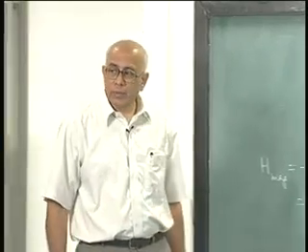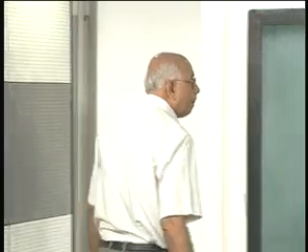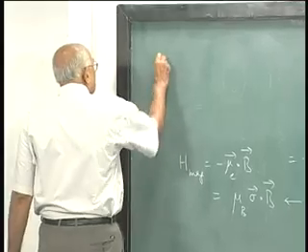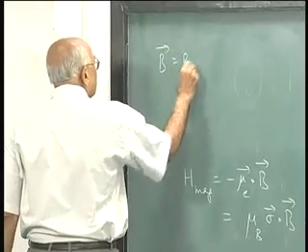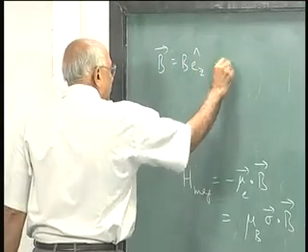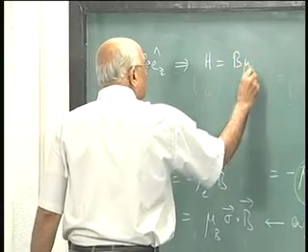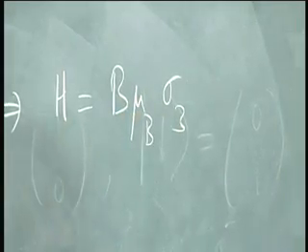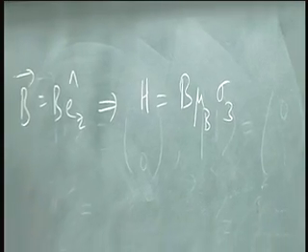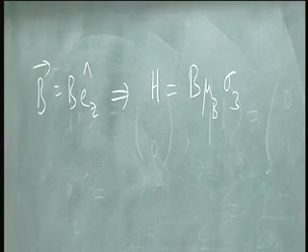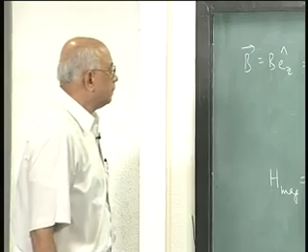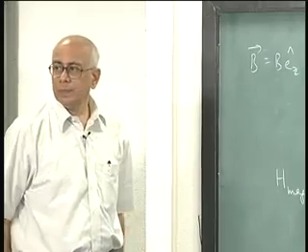Let us say I start with that, that is my 0 state, I start with that at t equal to 0, what would happen to this state? So I put B, this implies the Hamiltonian is B mu B sigma 3. That is the Hamiltonian.